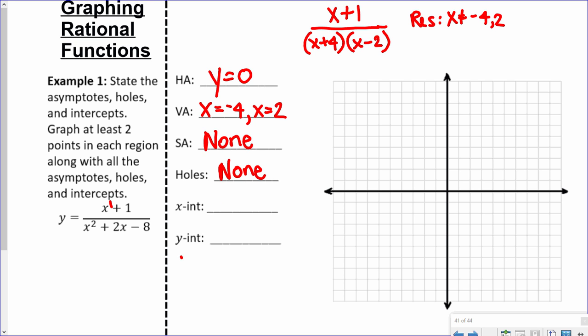Okay, to get our x-intercept, that's when we plug in 0 for the y, and we only care about the numerator equaling 0 because we already did the denominator equal to 0 with restrictions. So that would be this. So we solve. So my x-intercept is at -1. Remember, write it as an ordered pair.